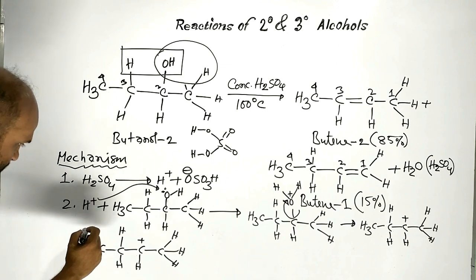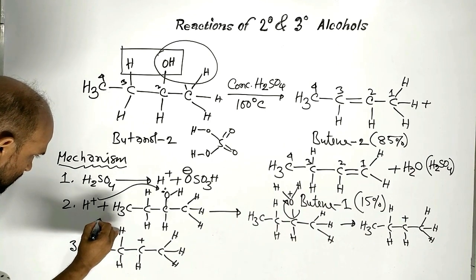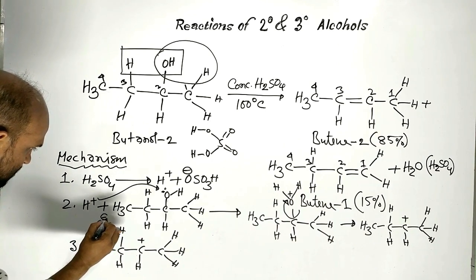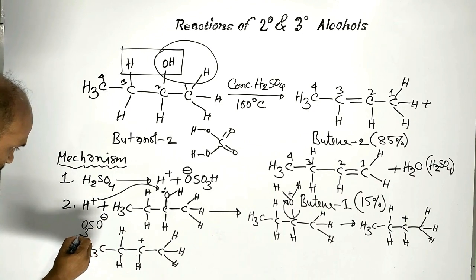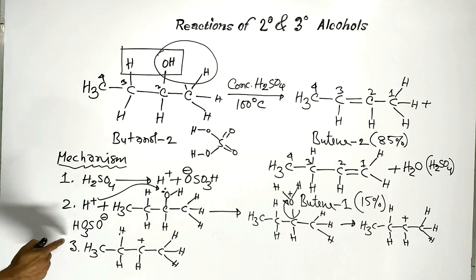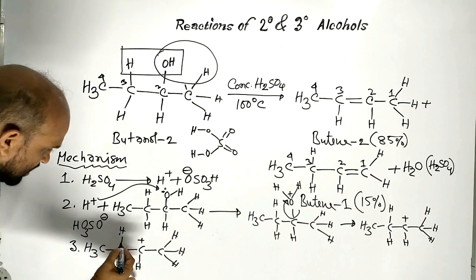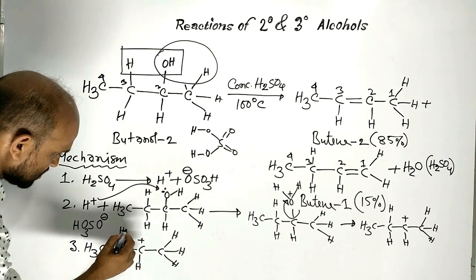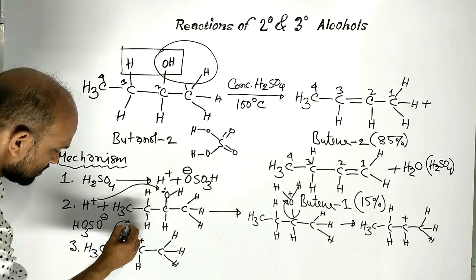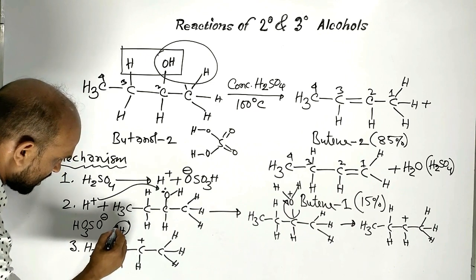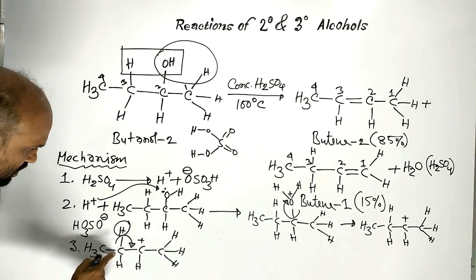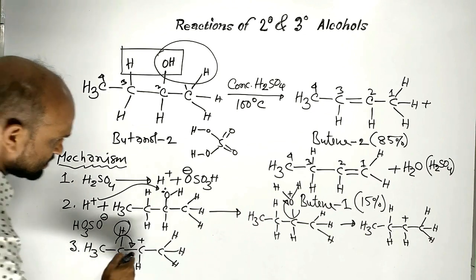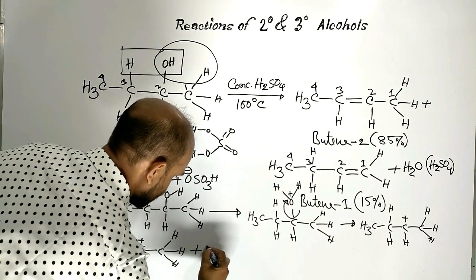Now, step 3. This carbocation is attacked by bisulfate ion, oxygen, SO3, hydrogen, bisulfate ion. When bisulfate ion takes this hydrogen, then this carbon-hydrogen bond moves here to form carbon-carbon double bond, and as a result, this is formed.